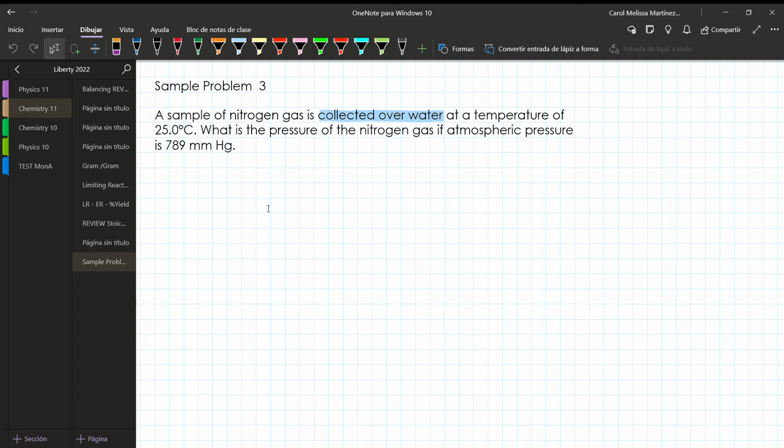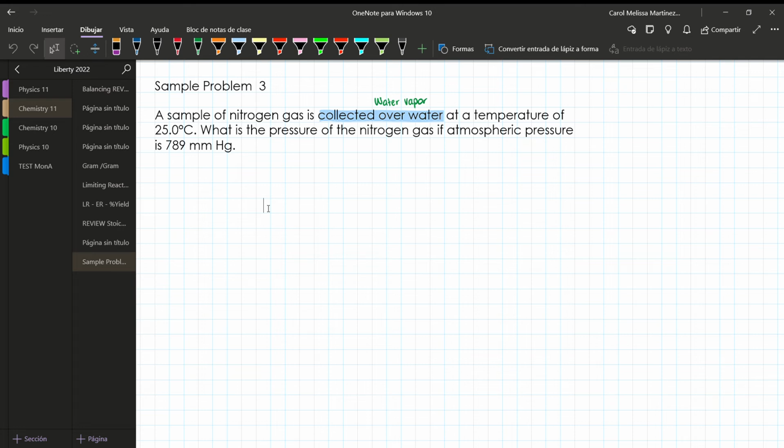Okay, that is another gas that is not mentioned and is water vapor. Okay. At a temperature of 25 degrees Celsius, what is the pressure of the nitrogen gas if atmospheric pressure is 789 millimeters of mercury?